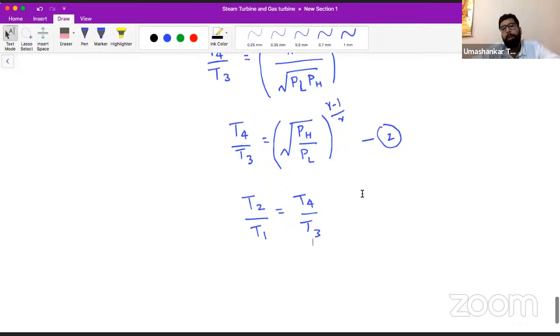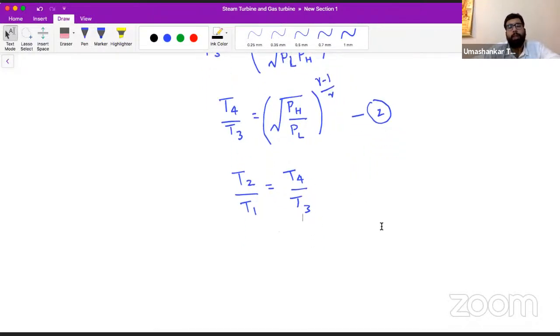So in case of perfect intercooling, T2 by T1 is equal to T4 by T3, which is equal to under root pH by PL to the power gamma minus 1 by gamma.